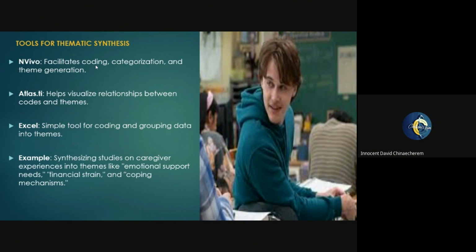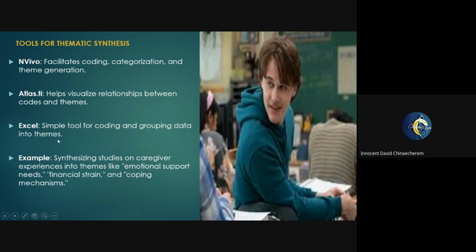Excel also helps us very well in our thematic synthesis. It helps us group our data into themes, and it also helps with the coding because it gives us a powerful advantage as a visualization tool where we can see all the information from the included studies.